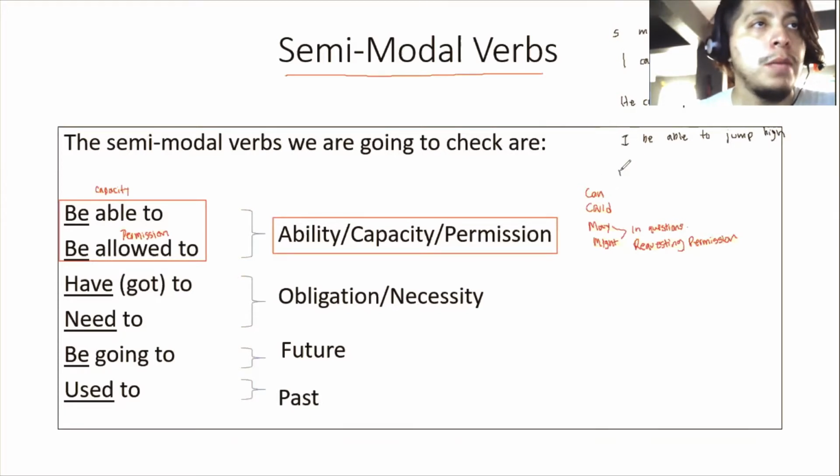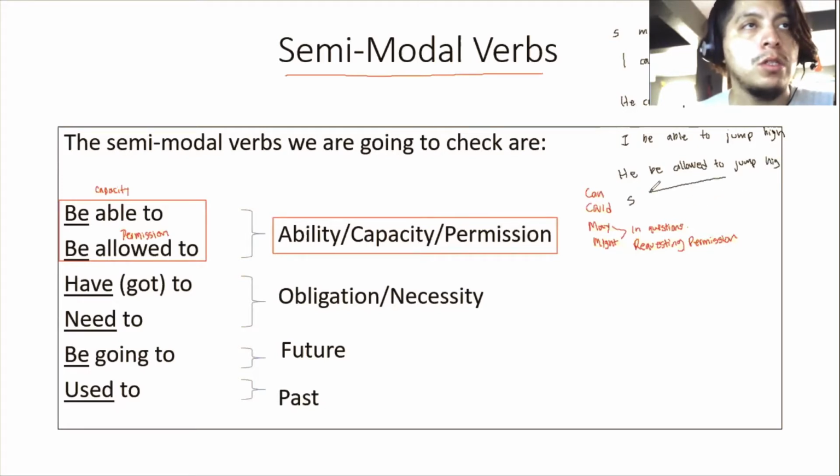Or the semi-modal verb be allowed to, and then verb in the base form and complement. So they are a little different. You have your subject, this here is your semi-modal verb, and then you have your verb in the base form and your complement.